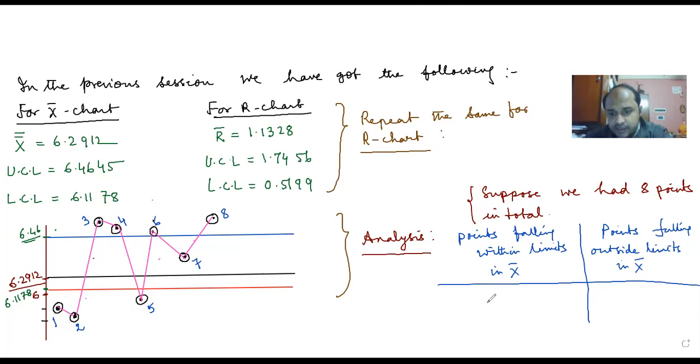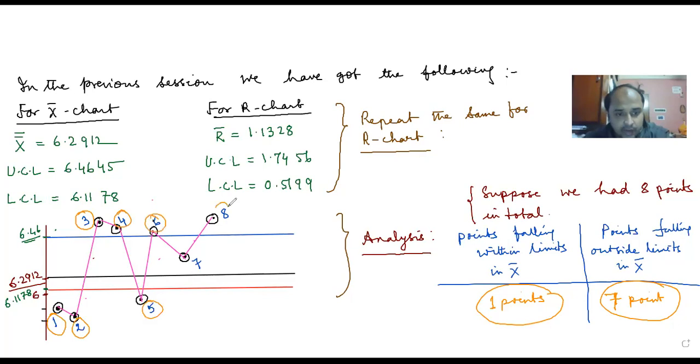Sorry, 7 points in total have fallen outside limits, and only 1 point inside limit. Okay, and you have to mark those points which are outside the limit. So this is an outside point, that is an outside point, this is an outside point, that is an outside point. All these are outside the limits.